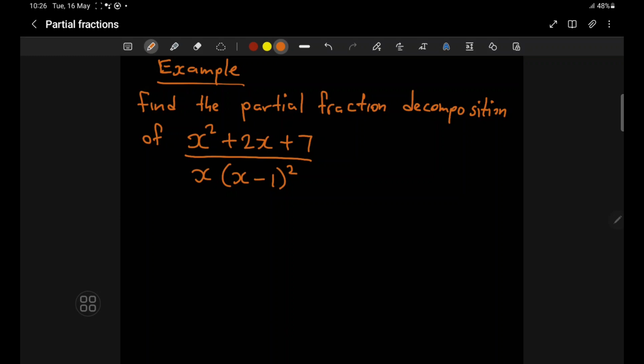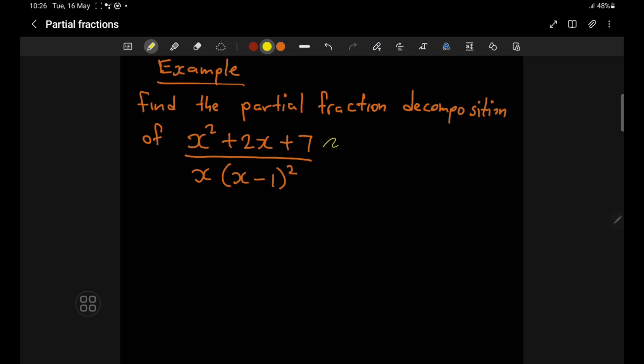So in this example, we are told to find the partial fraction decomposition of this expression. When you look at the denominator, we have an expression with a square, and that expression is repeated. So how do we decompose it now?